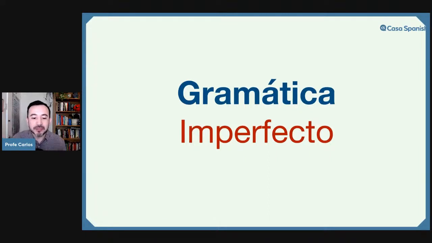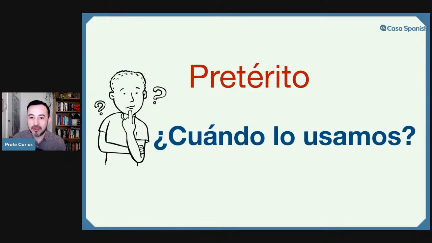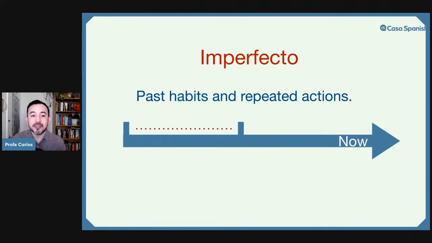So let's start right away with the use of the imperfect. ¿Cuándo lo usamos? When do we use it? We're going to work with three options today. The first one is with past habits and repeated actions. So as you can see, we have the noun and then we have the past.